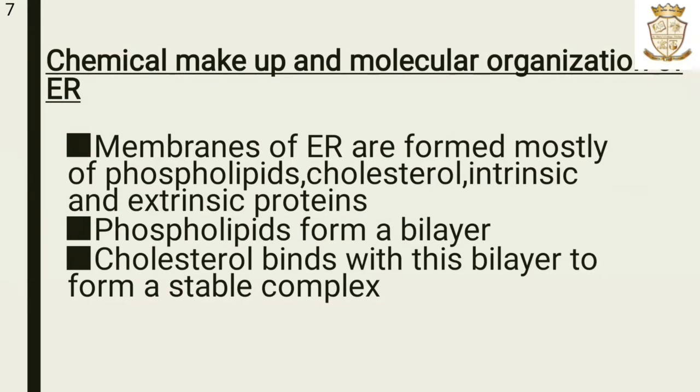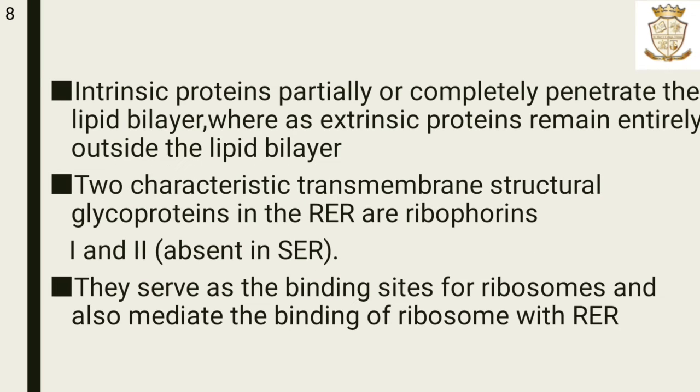Coming to the chemical makeup and molecular organization, membranes of endoplasmic reticulum are formed mostly of phospholipids, cholesterol, and intrinsic and extrinsic proteins. Phospholipids form a bilayer and cholesterol binds with this bilayer to form a stable complex.